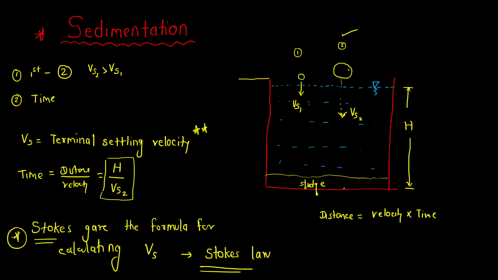Okay, now if you just see here, this is the diameter of this particle and this is the diameter of first particle. Now from our analysis we have said that this Vs2 is greater than Vs1. Okay, as the weight is more, it will reach faster. As it is reaching faster, that means velocity of this second particle is more. This we have seen directly.